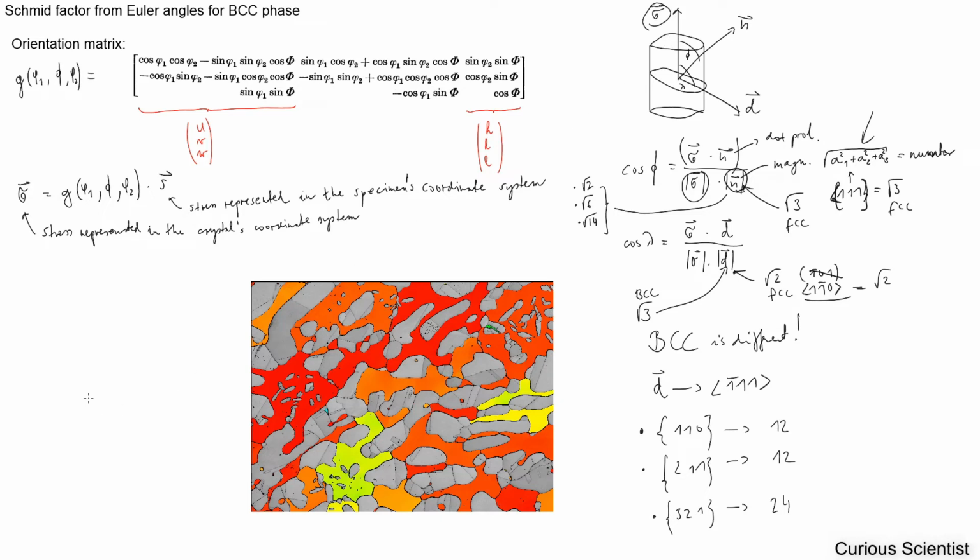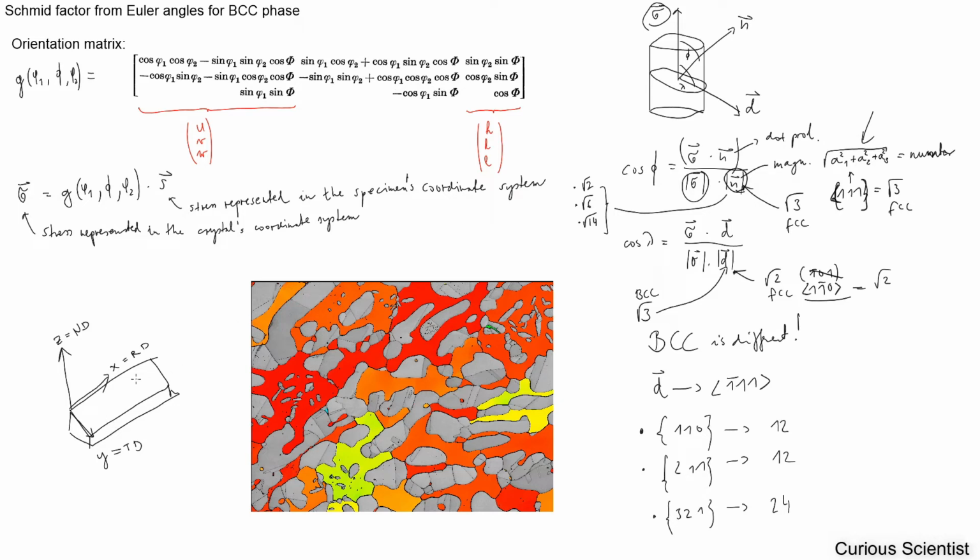Basically, when we have a material, let's say a rectangular specimen, something like this, I cannot really draw it nicely, then we have its own coordinate system, where let's say this is the y direction, sometimes also called transverse direction, and then this is the x direction, which is sometimes called rolling direction, and then this is the z, or sometimes called normal direction.